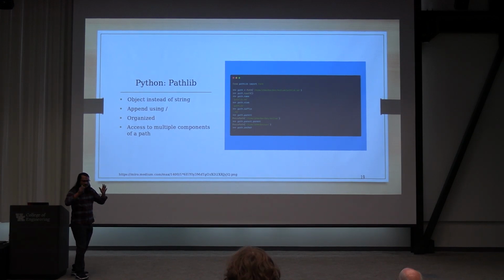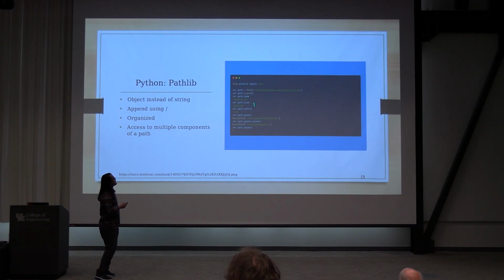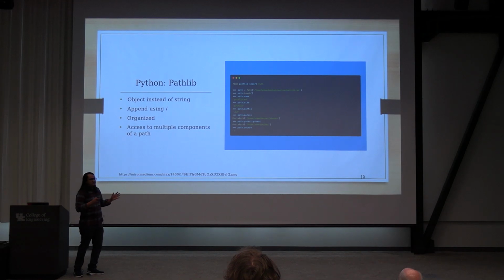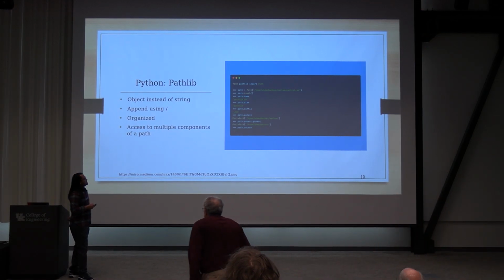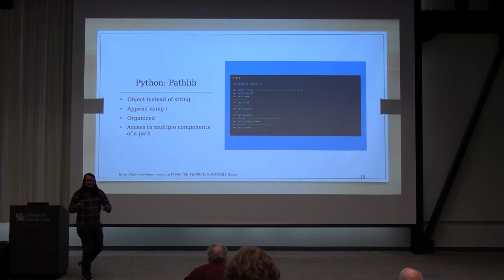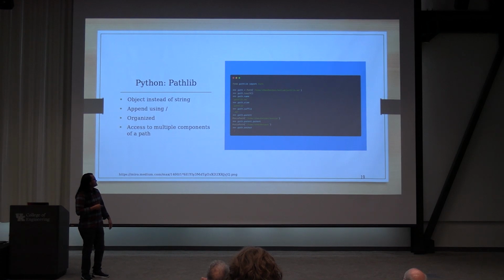So whatever path you have, pass it through the Path object, and then you create a really nicely formatted object from which you can get the name. Let's say you want the end part, you just want the name without the file extension, you can do that. You just want the file extension, you can get the file extension. Even if you want to navigate to the parent and all those things, you can do that really nicely.